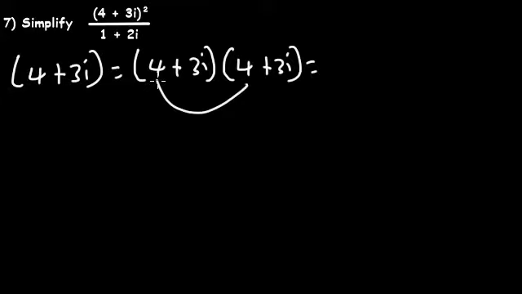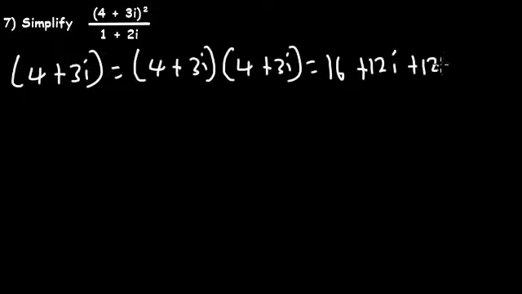So let's go ahead. 4 times 4 gives us 16. 4 times positive 3i gives us positive 12i. 3i times 4 gives us positive 12i again. And finally, plus 3i times plus 3i. Don't forget, you do the coefficients first. 3 times 3 is 9, plus 9 times i times i, which is i squared, multiplied by minus 1.